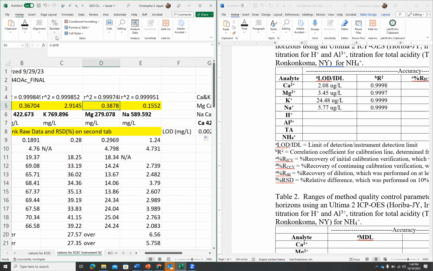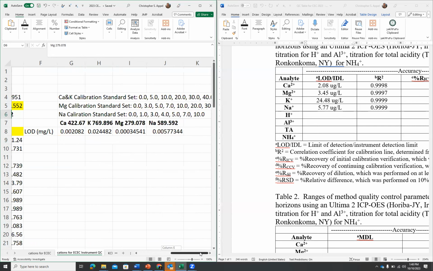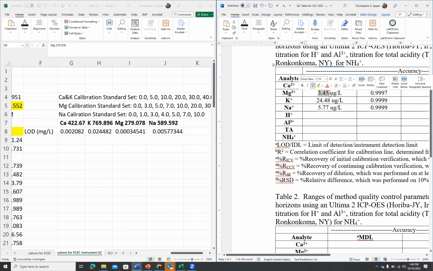So I copied it wrong. You retyped it with me. There we go. So that value then should be 0.35.